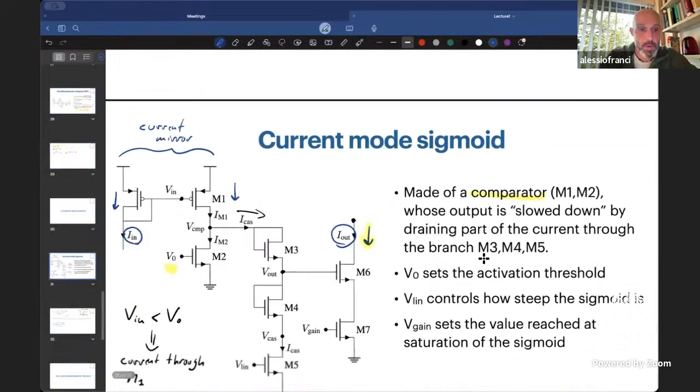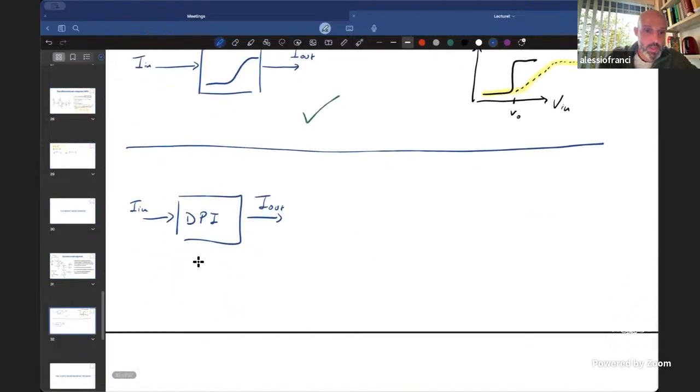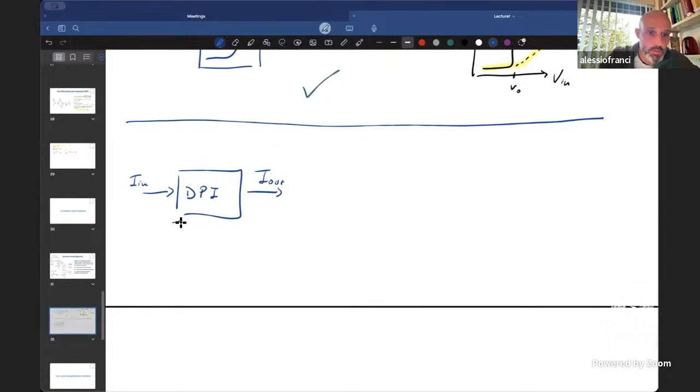So just to remember, what this is doing is providing an analog, extremely low power implementation of the differential equation tau I dot equals minus I out plus gain times the input current.